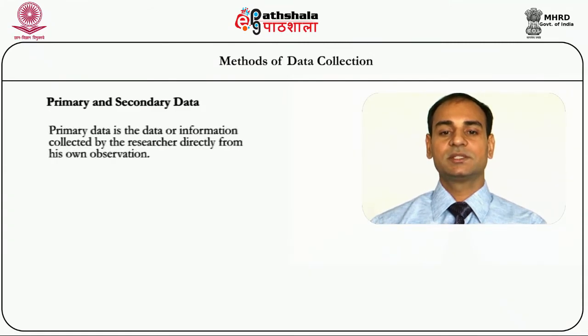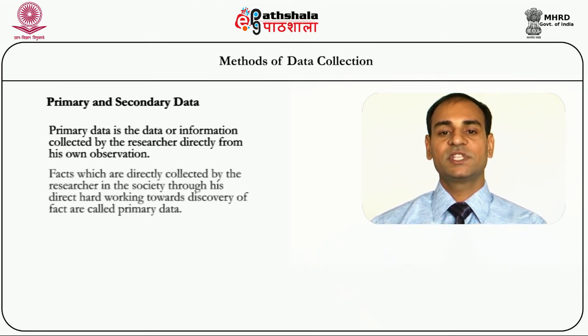Primary data is the data or information collected by a researcher directly from his own observation. Facts which are directly collected by a researcher in the society through his direct hard work towards discovery of facts are collected as primary data.